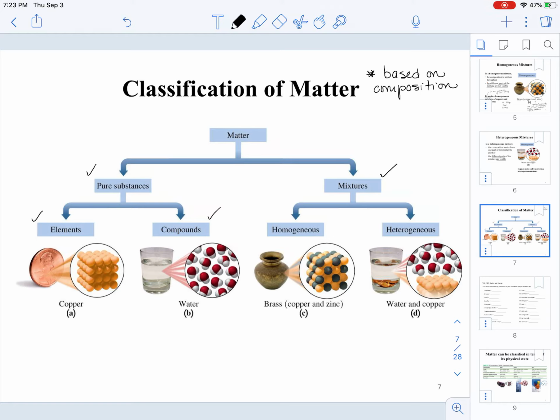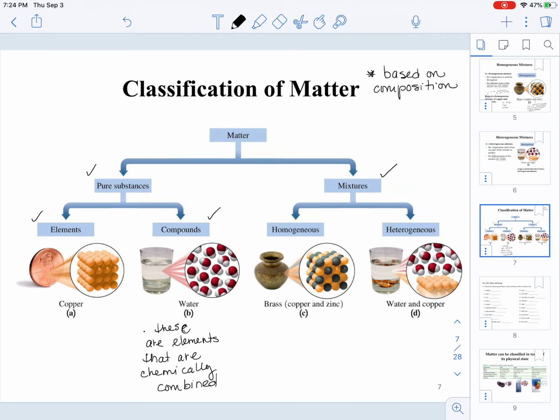Remember that compounds are elements that are chemically combined with one another, so there's a bond that makes them stay together.